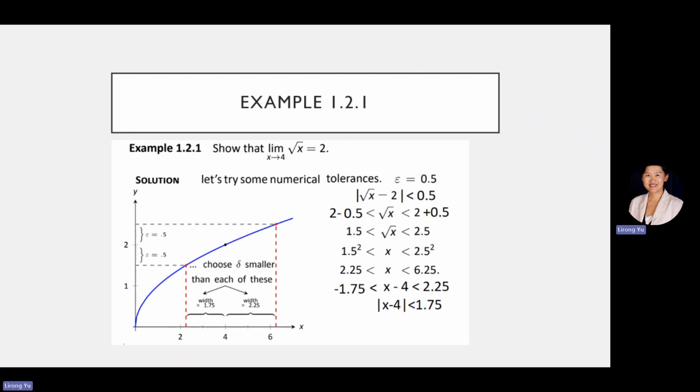So how do we show that? We can try to make y closer to 2 by 0.5. I can make y closer by 0.5 distance. So how do I do that? You go 0.5 below and 0.5 above from the 2 on the y-axis, and that allows you to draw a band. Why do I draw the band?